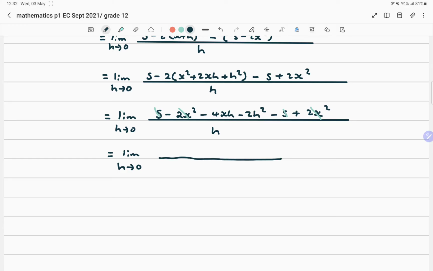Okay, so we've got ourselves here the limit as h tends to 0 of (minus 4xh minus 2h squared) over h. Here we take out the common factor, which is basically h. In fact, we take the lowest, the lowest common factor, by the way.